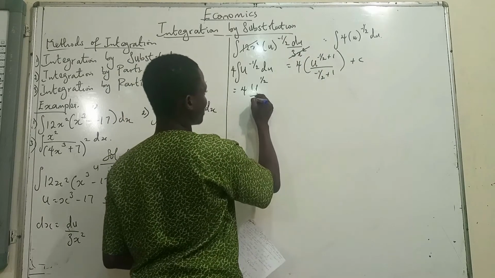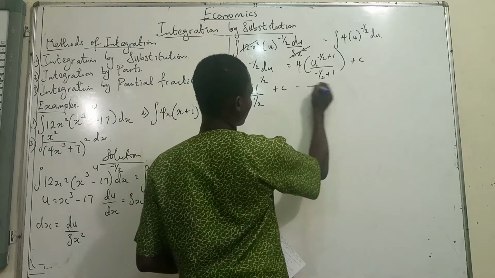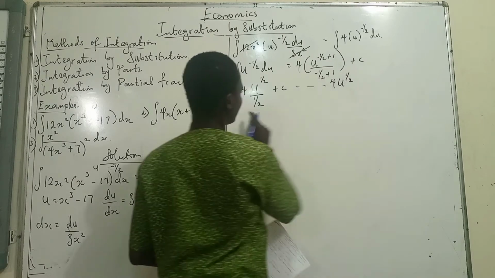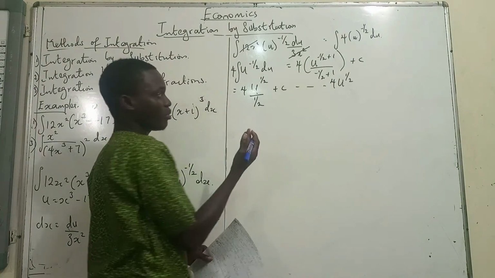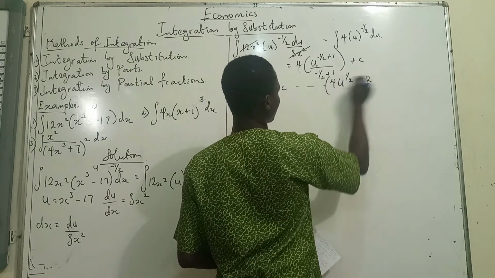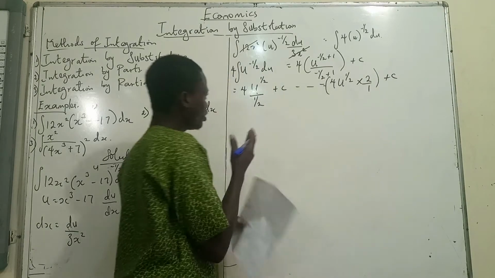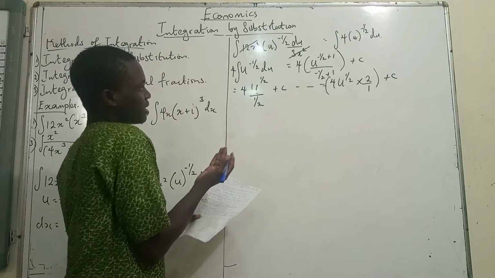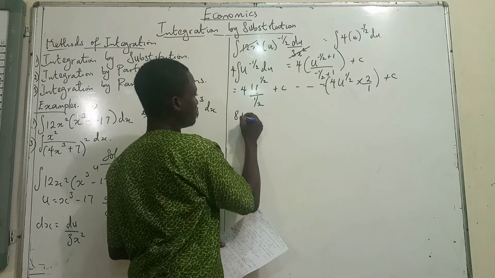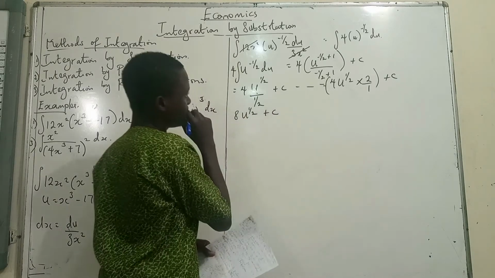This is the same as 4u raised to power half divided by 1 over 2, so it is left as multiplied by 2 over 1. So that becomes 8u raised to power half plus c.